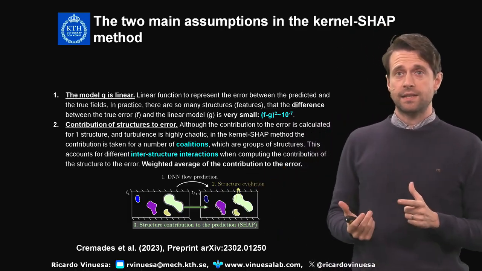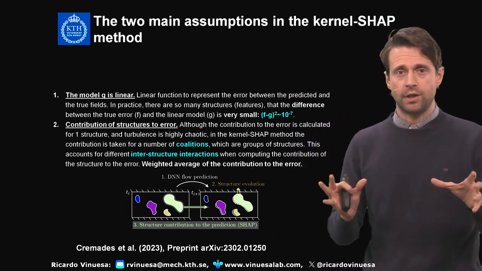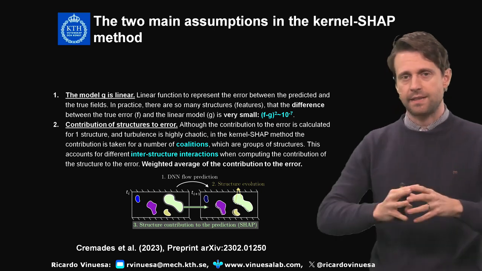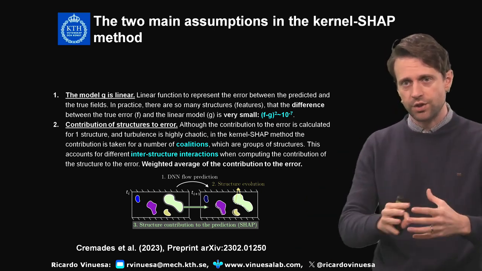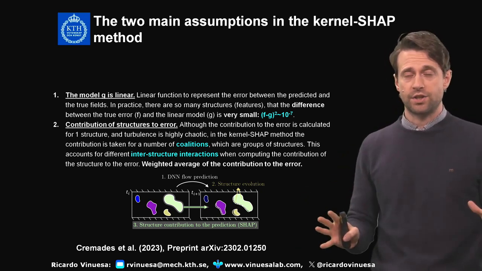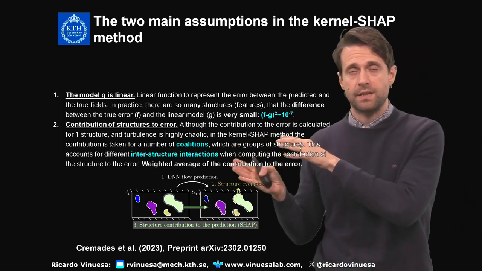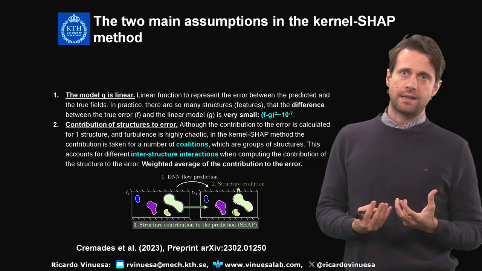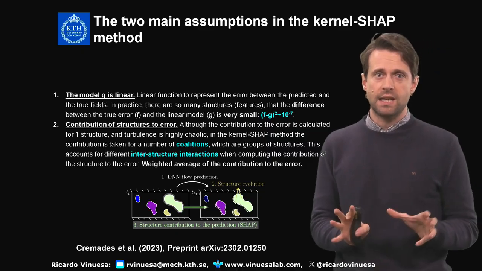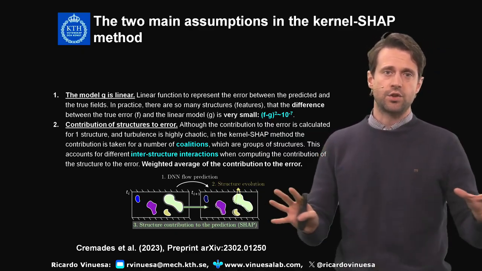And we have really looked thoroughly at hyperparameters such as the number of coalitions and the size of those coalitions, and the results are robust and converged. So in principle, with this coalition-based method, we are able to reconstruct and approximate quite efficiently the inter-extractor interactions in the flow.